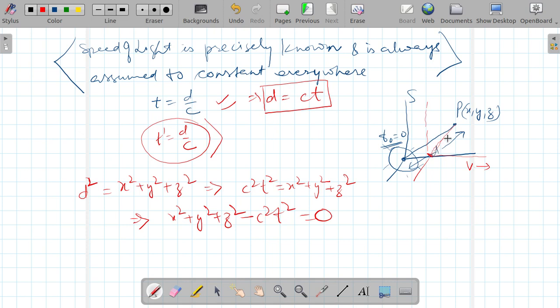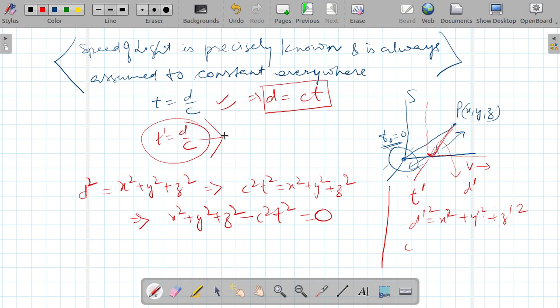But if I try to look at this diagram, the time taken by the flash of light to reach this point P is t prime, and let me call this distance d prime. So d prime is equal to x square plus y square. I'm in the prime frame, so it is x prime square, y prime square, and z prime square.